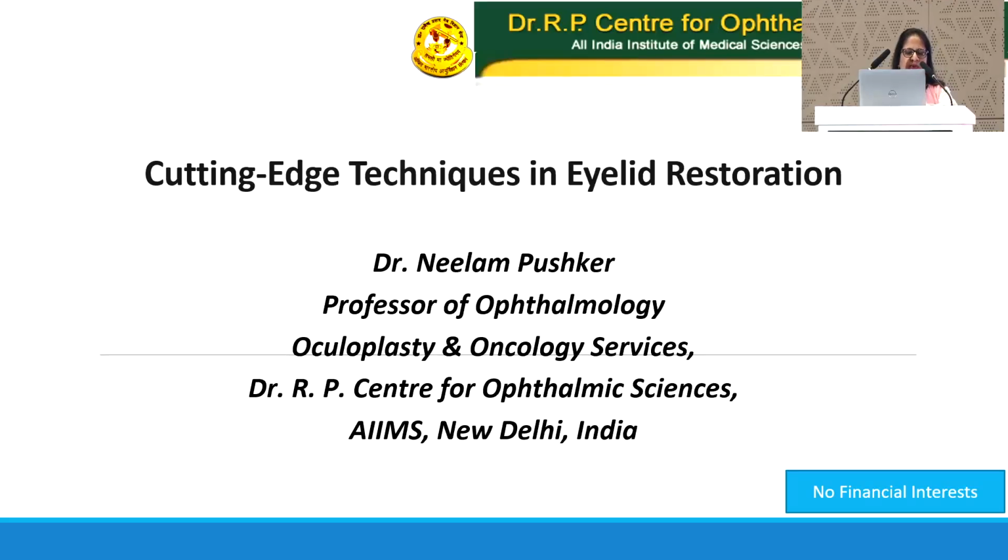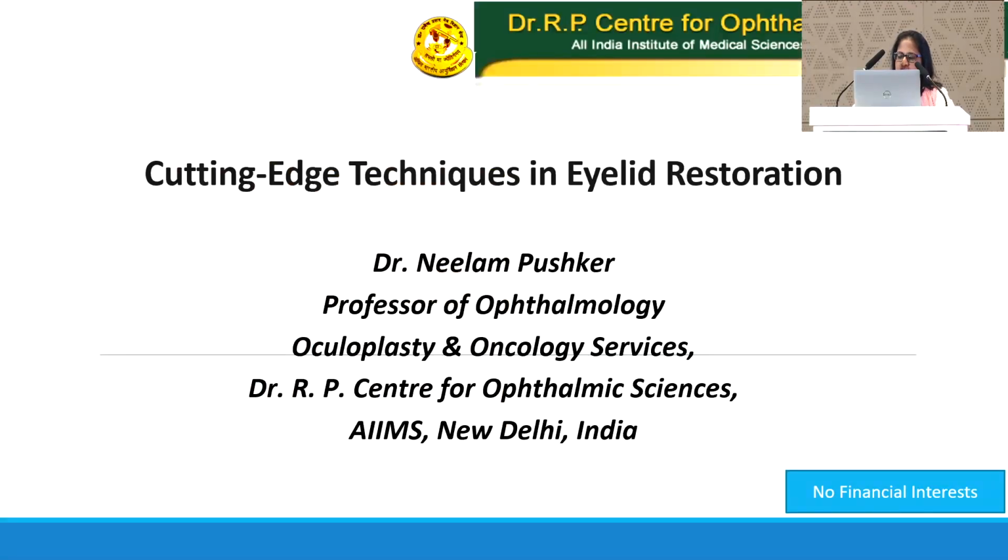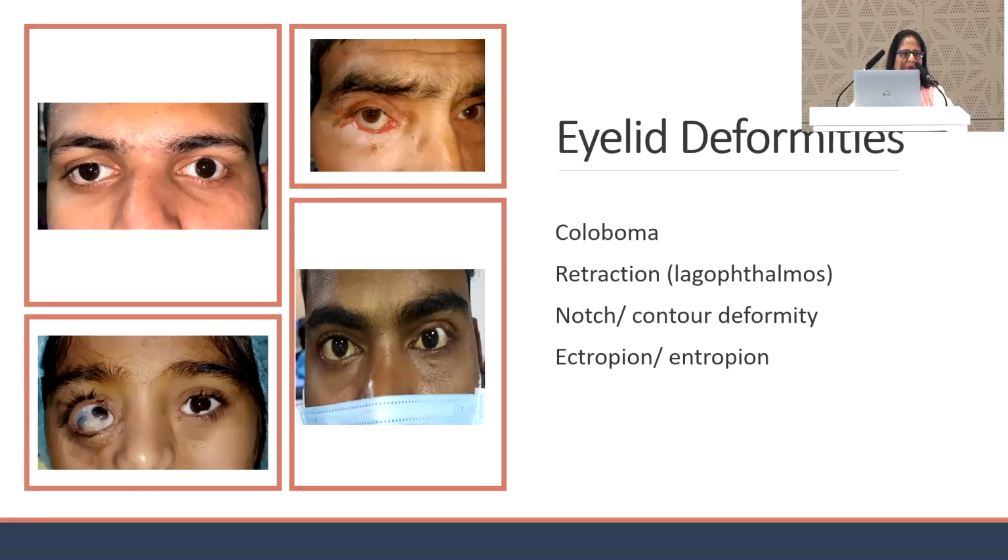Good morning once again. So, I'll be talking about the advanced techniques in eyelid restoration. Eyelid deformities are of varied types, like coloboma, retraction, notch, contour deformity, ectropion, entropion.